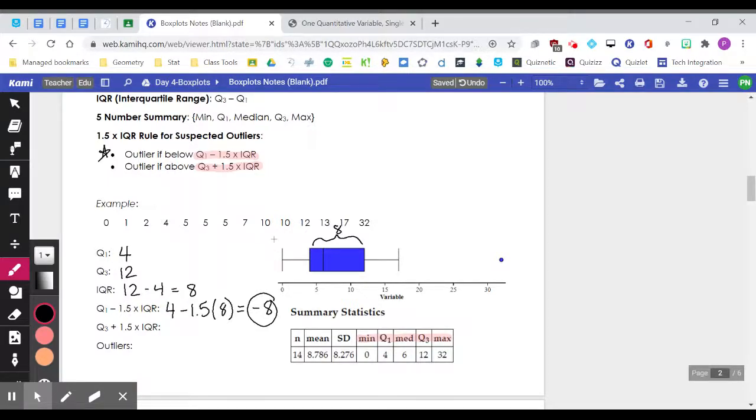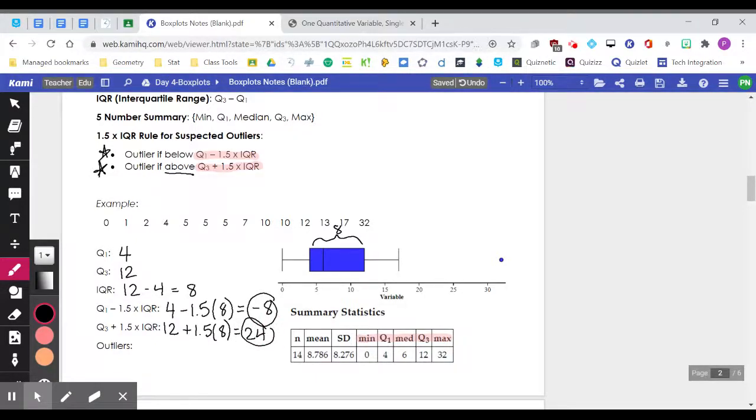So now let's test it out for above. We're going to be doing Q3, which is 12, plus 1.5 times the IQR, which was 8. And in the end, you get 24. So now the outlier test tells me if I have anything above a 24, that's going to be considered an outlier.